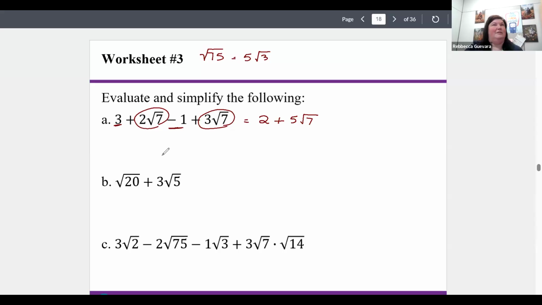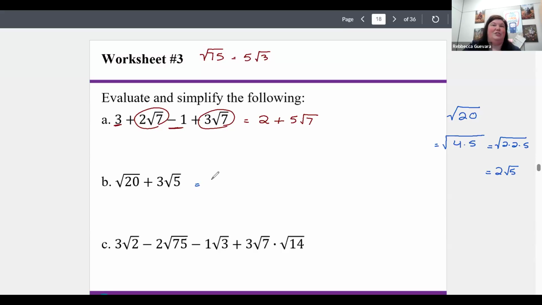Okay. So we haven't done this one yet, but we have the square root of 20 plus 3 square root of 5. We need to figure out what the square root of 20 is. So 20 is just 4 times 5, which is 2 times 2 times 5, which means that I can just break this down into 2 square root of 5.